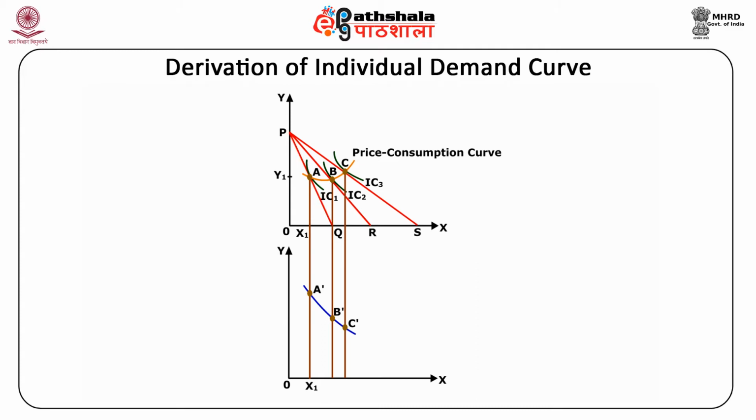Similarly, points B dash and C dash show the quantity of X demanded at the equilibrium points B and C in the top panel and the price levels of X corresponding to the budget lines PR and PS respectively. The demand curve for good X is obtained by joining the points like A dash, B dash and C dash.